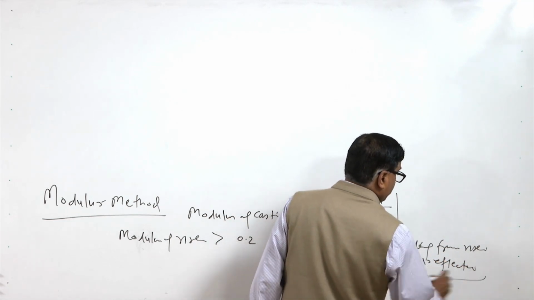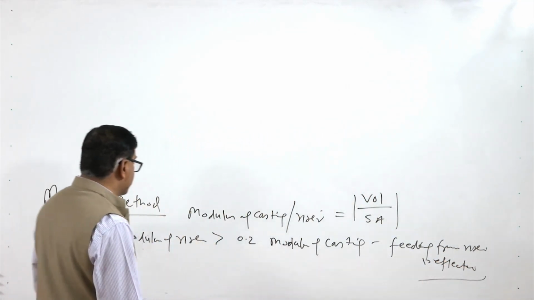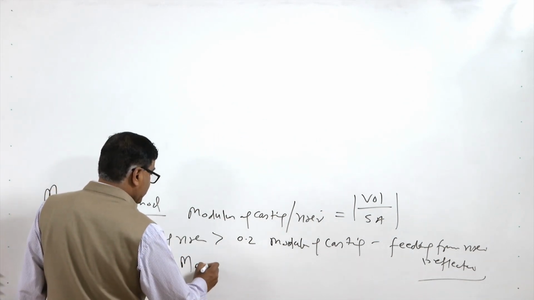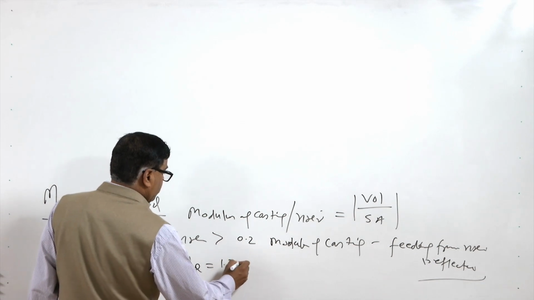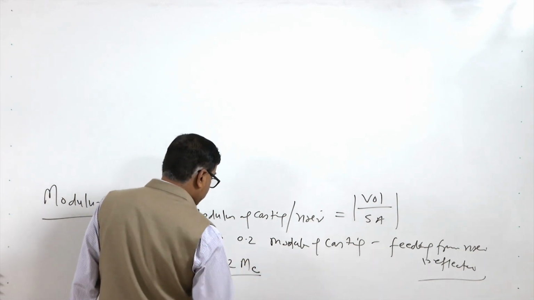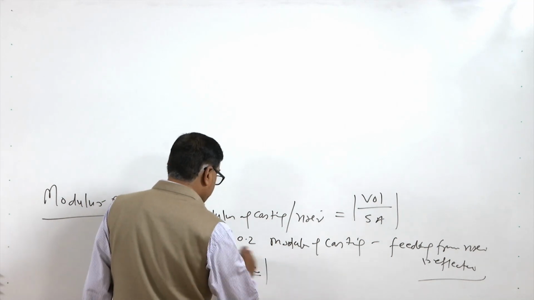So, for the riser to be effective, it is necessary that the modulus of the riser is equal to 1.2 times the modulus of the casting. This is what is to be maintained.